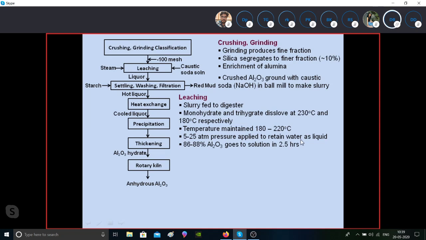I'll come back to this issue again. So at such a severe condition, temperature around 200 degrees centigrade and pressure around 25 atmospheres, the alumina gets dissolved in sodium hydroxide.